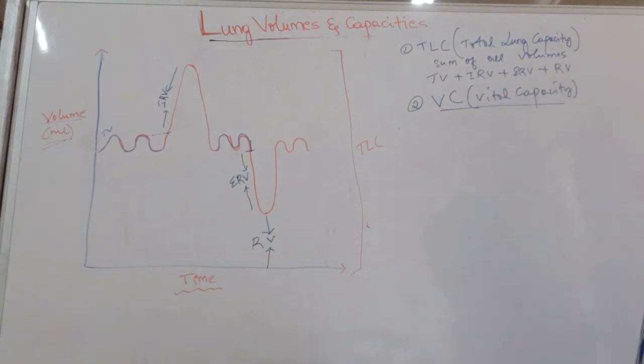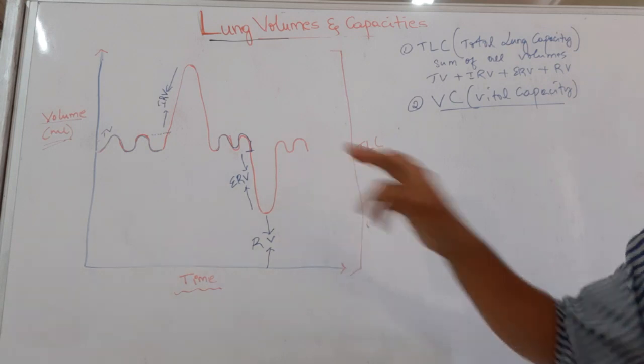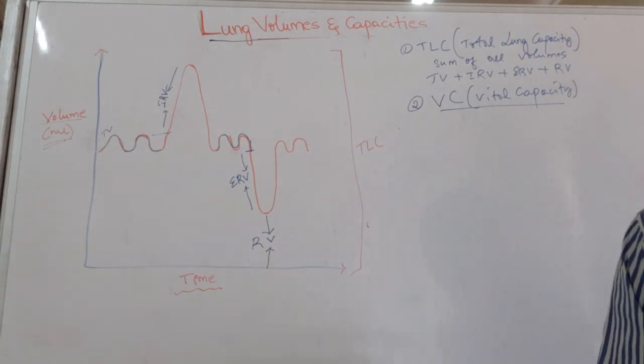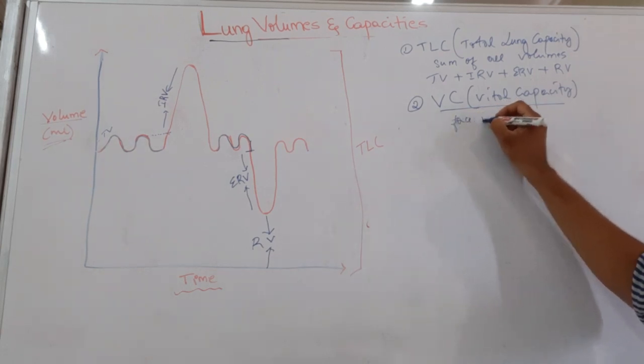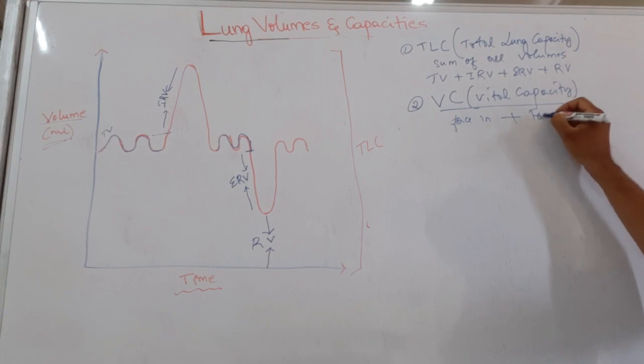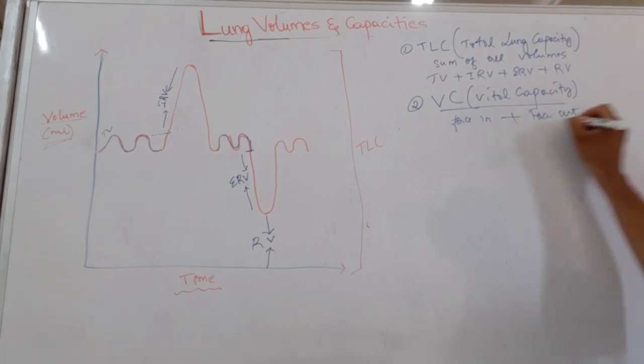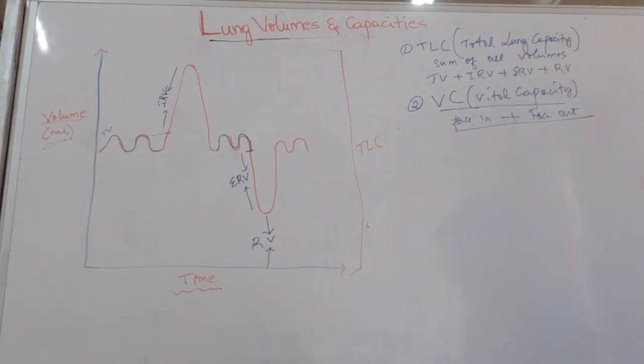So it is the maximum amount of air that can be breathed in after the most forceful expiration, or the total volume that can be forcefully taken in and forcefully put out, referred to as the vital capacity.